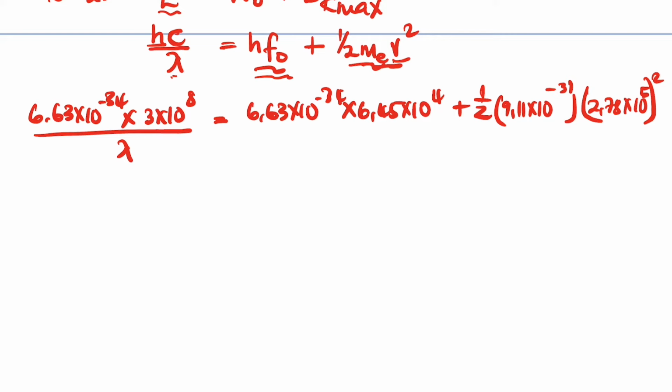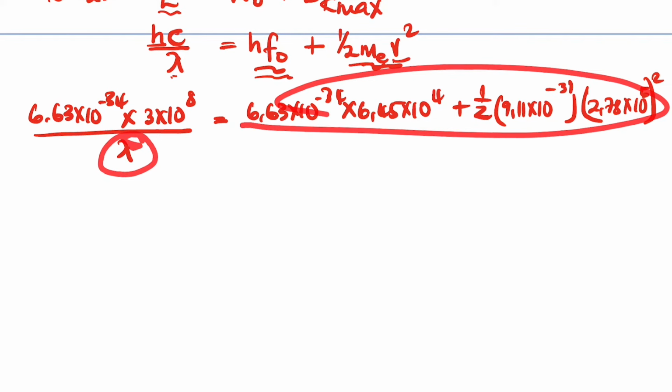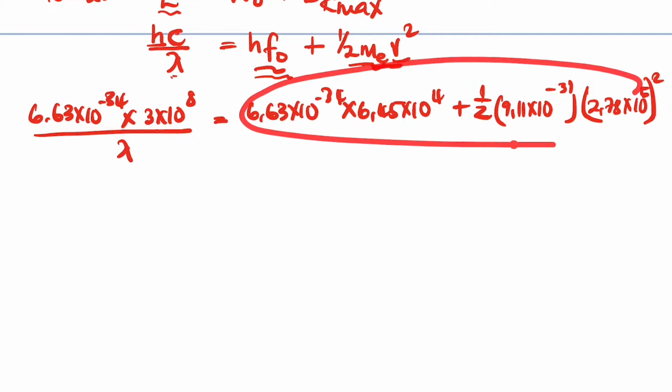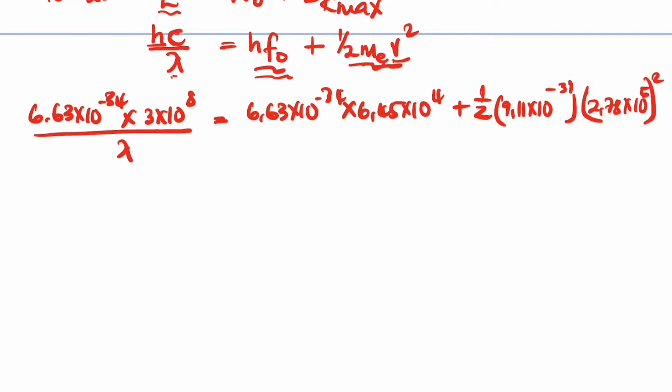Guys, if you do the math here, you get this answer, and then you cross multiply. When you cross multiply, you have this answer times this, and then you have this times by 1, and then you divide this by this, you get the lambda. That's the easy maths, guys. I'm not going to dwell on that.